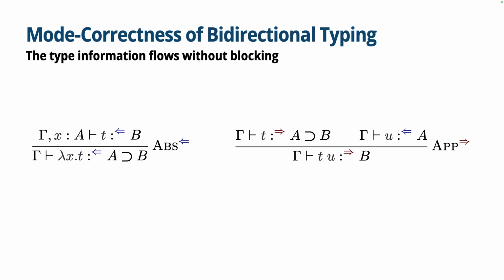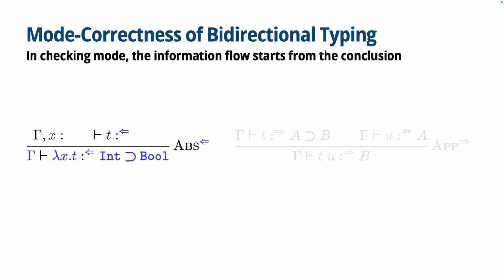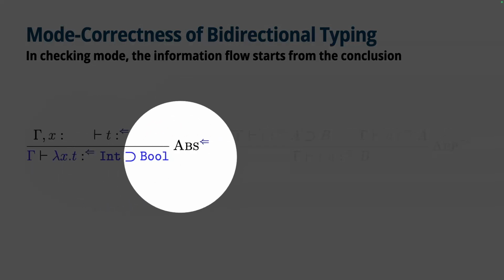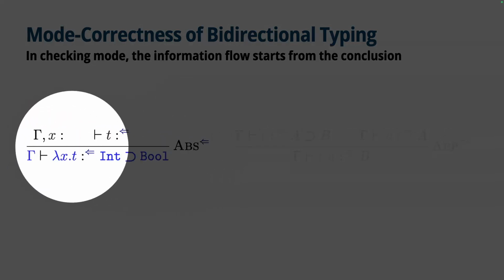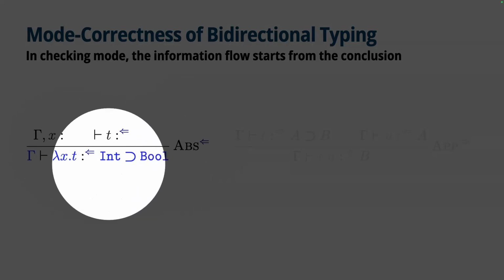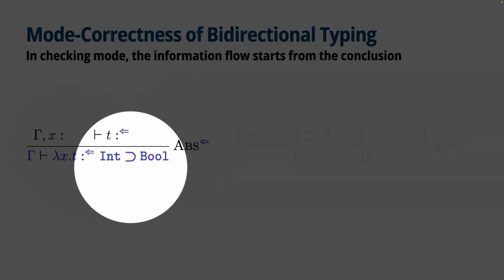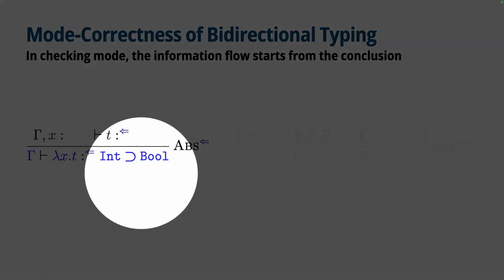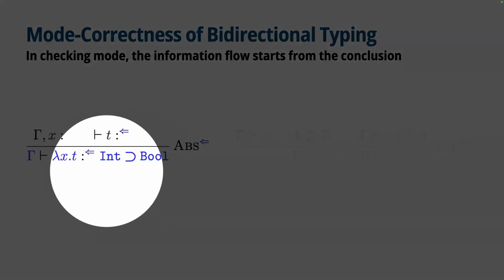So for example, if we look at this judgment for this lambda abstraction. This has a check mode in its conclusion. So you can expect that the user or somewhere will give this information, the bool, from this conclusion.